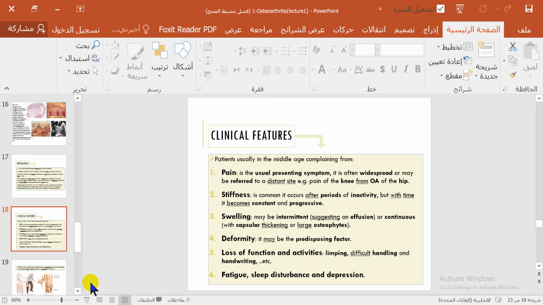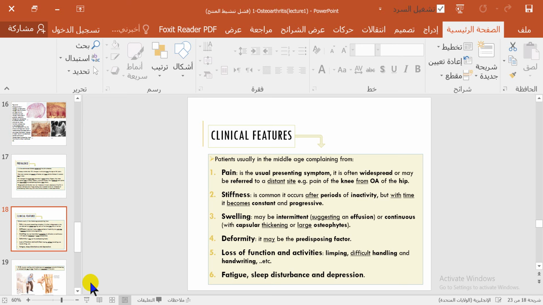Deformity may be a predisposing factor, and it is often a result of the clinical progression of the joint changes. Loss of function and activities: limping, difficulty handling, handwriting, and so on. The other extra factors: fatigability, sleep disturbance, and depression.